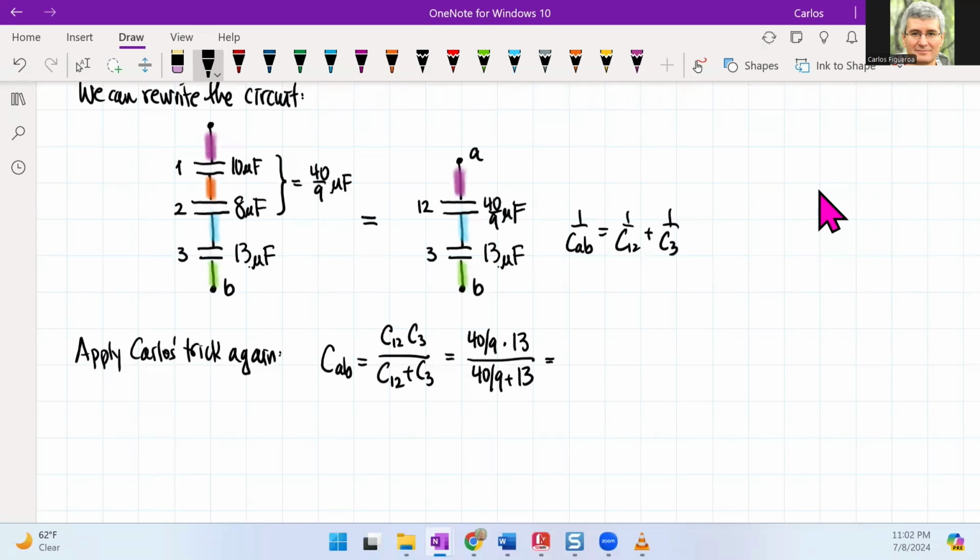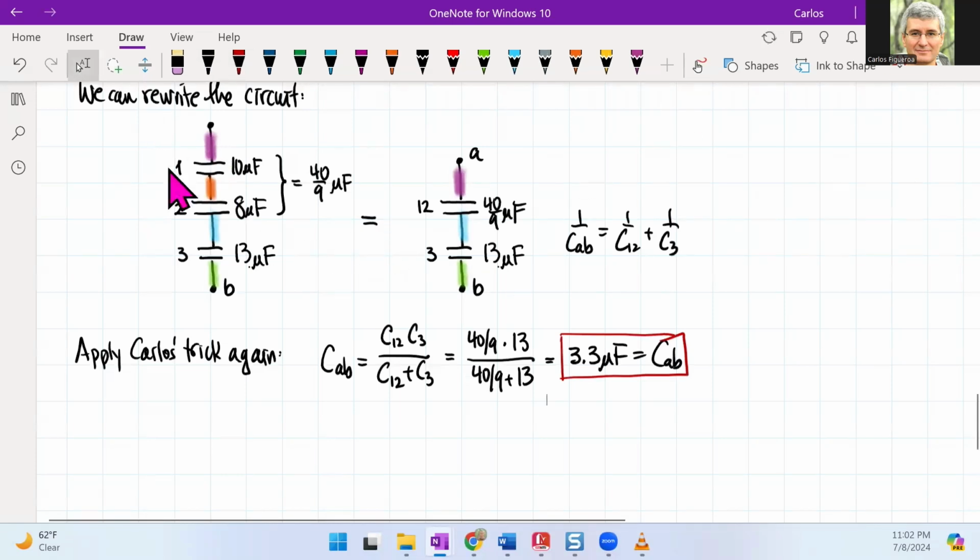And if I calculate this to 2 sig figs, I get 3.3 microfarads. And that is the equivalent capacitance right there.